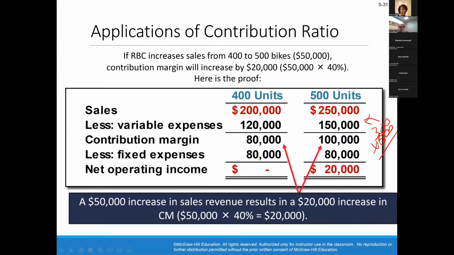So you can work it out and see the difference in the units if that helps you understand it, or if you know what your contribution margin ratio is, you can just multiply it by the increase in sales, which is 50,000, to come up with what your additional income is going to be.